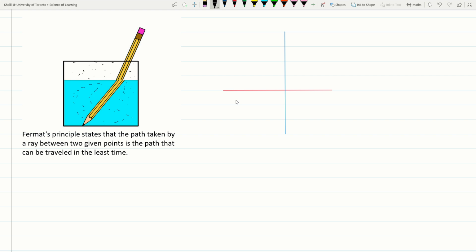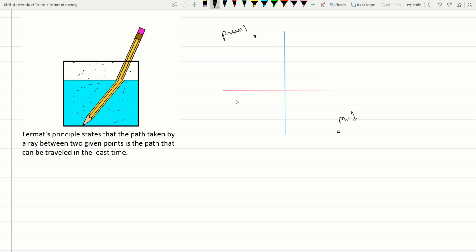And you can sort of think of this as a runner that has to run across different terrain, where you want to get from point A here to point B. However, this is normal pavement, and this is mud. Well, in that case, it might not be fastest to go all the way over here and straight down.